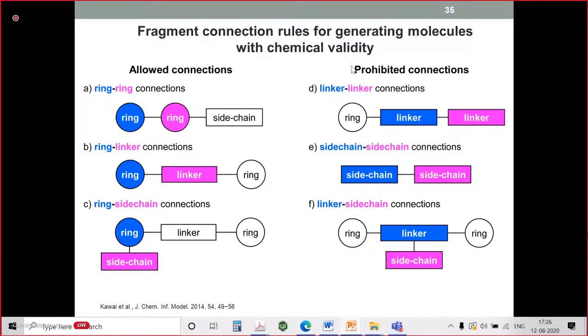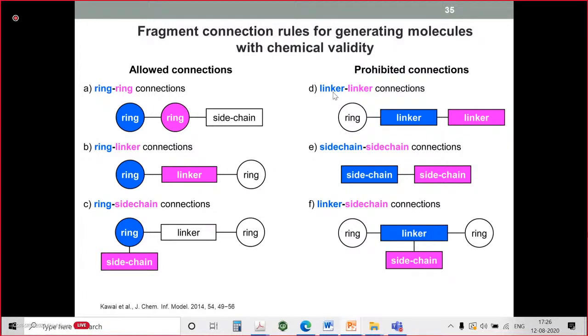But these are the other possibilities. You have another three possibilities, but those are not allowed because of lack of stability, or they are synthetically unfeasible or difficult in synthesis.